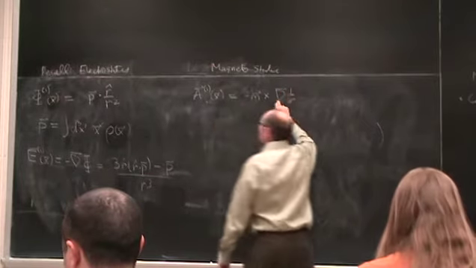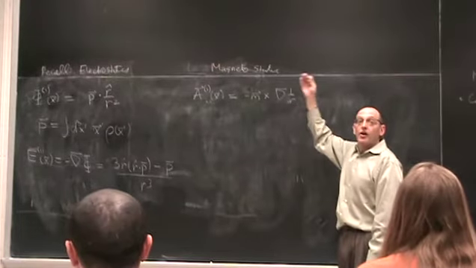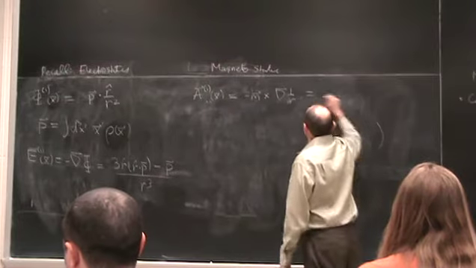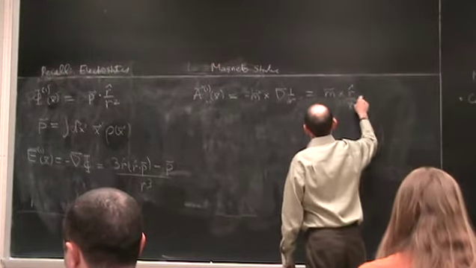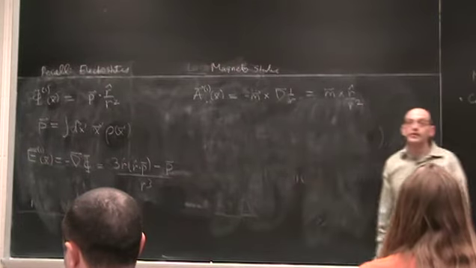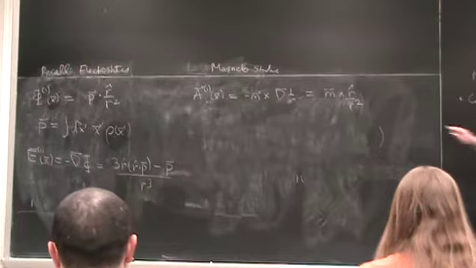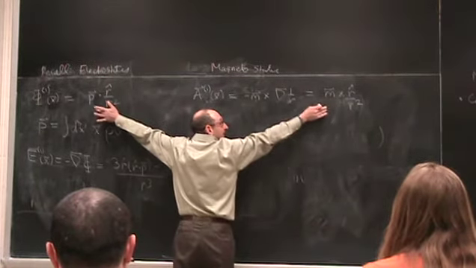Of course, the gradient of 1 over r is r hat over r squared. So this is m cross r hat over r squared. The minus sign gets rid of that. So it has the analogous form, but one's got a cross product and one's got a dot product.